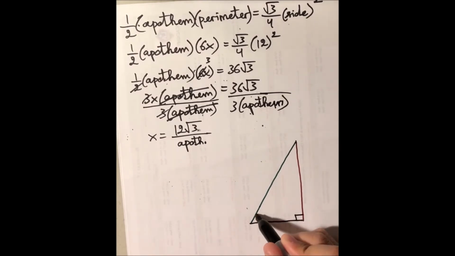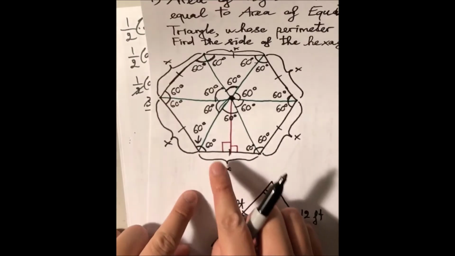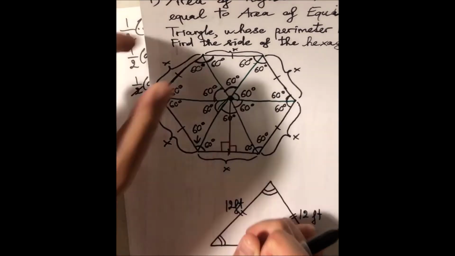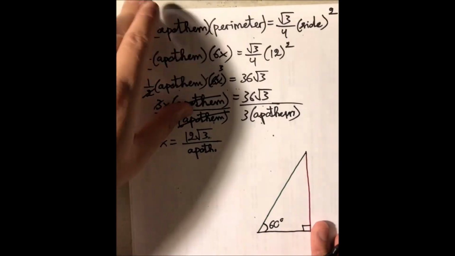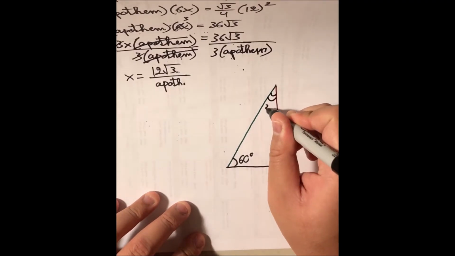This is 90, this angle is 60, because this angle is the same as this one. So with 60 and 90, we know this one is going to be 30.